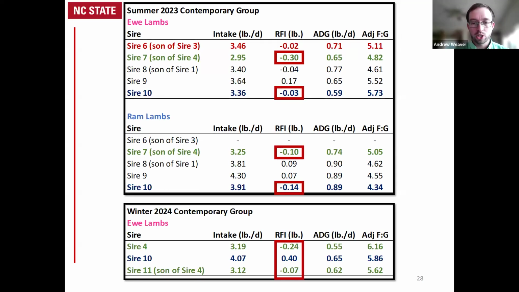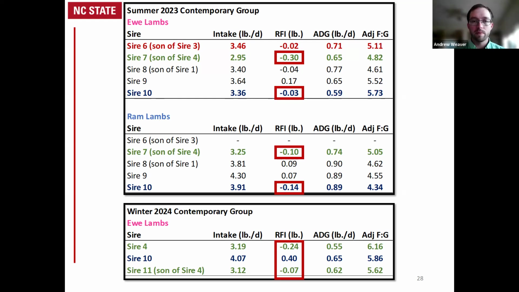You look at the winter 2024 group, and here I've highlighted, we did use a couple different rams. I wanted to compare sire 4 directly with one of his sons in the same contemporary group. So we used sire 4 and we used the son of sire 4. And then this sire 10 was a new ram we got that we utilized in that summer 2023 group, as well as the winter 2024 group.